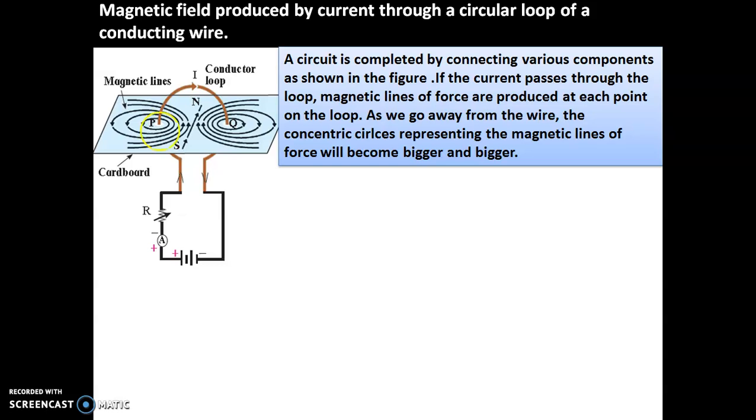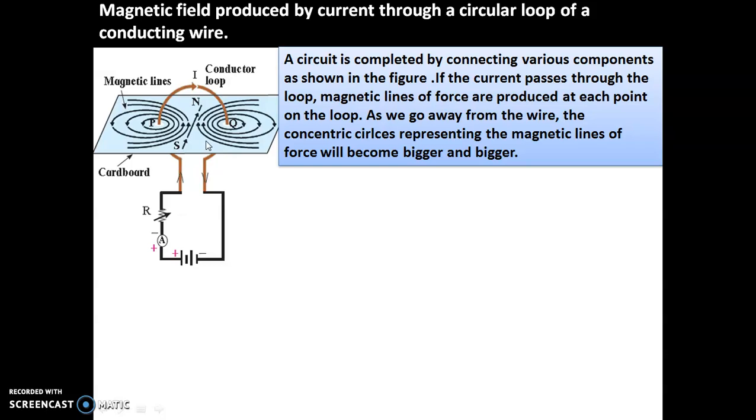Then a very similar thing, as you can see here, this is a circuit. It is completed by connecting a resistance, the ammeter, the cell, and a key, everything that is required for a circuit to complete. And then a cardboard, and then we can see a conductor loop.